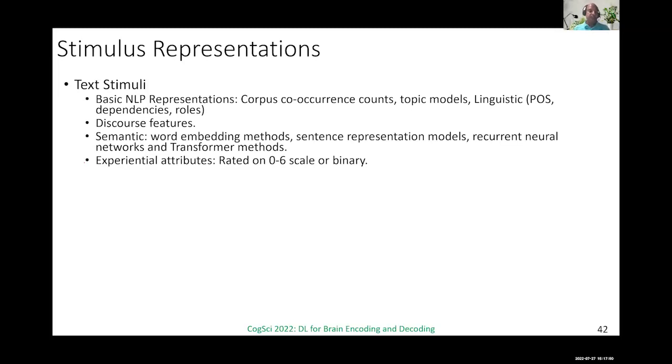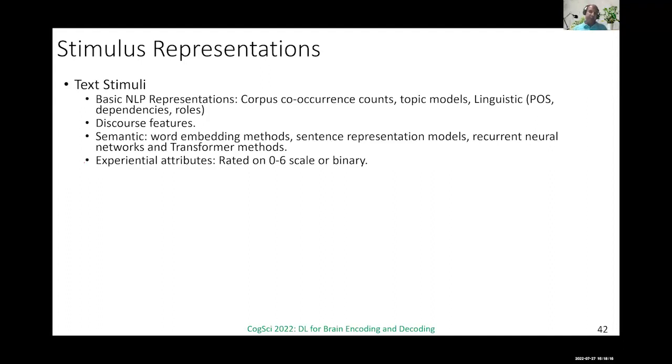Let me introduce how people represent various kinds of stimuli. For text stimuli, people have basic NLP representations in terms of typical statistical representations, corpus counts, corpus co-occurrence counts, or more enhanced representations like topic models, linguistic properties like part of speech tagging, dependency parsing, or semantic role labeling, and so on. There are also discourse-based features.